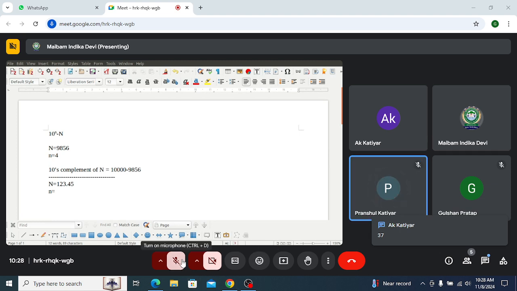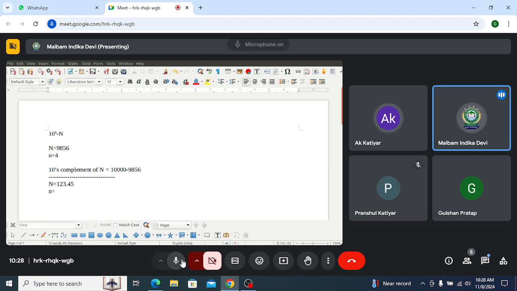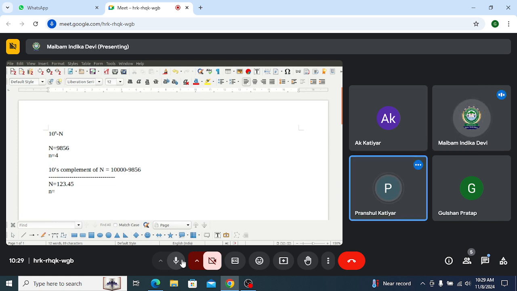Yes, Ansul, what does it mean, 37? What is the value of small n? It is the number of digits. How many digits are there? In the previous one, 9856, you have four digits. Three.